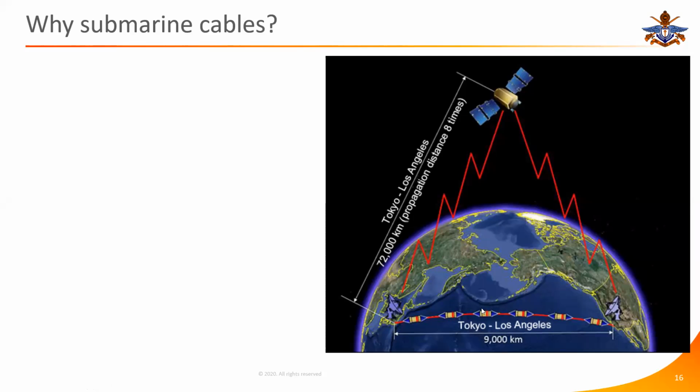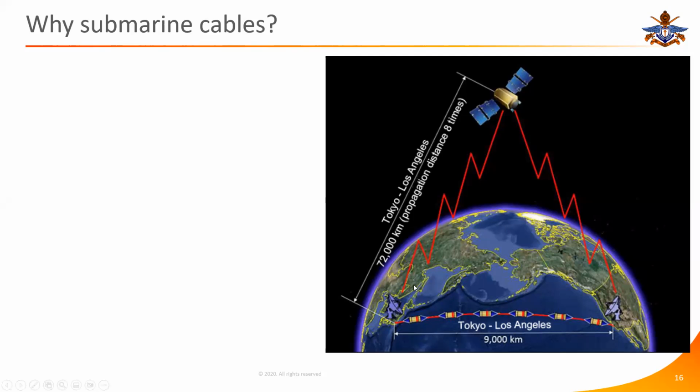So the biggest question: I'm connecting Tokyo to Los Angeles, which is about 9,000 kilometers. If I lay a cable under the sea, the distance I have to travel is 9,000 kilometers. If I put a satellite up there, geostationary satellites are about 36,000 kilometers above sea level.